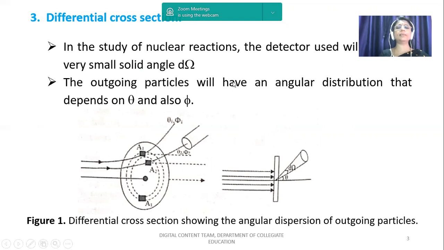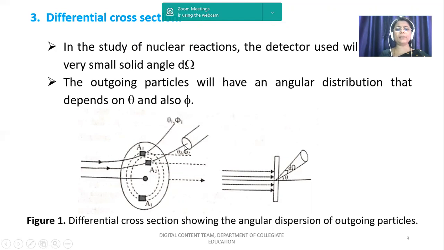Only few particles will be counted such that the outgoing particles will have an angular distribution which depends on theta and phi. Here theta is called the deflection angle and phi is called an azimuthal angle, and the outgoing particles which are subjected to angular distribution will depend upon this particular set of theta and phi.